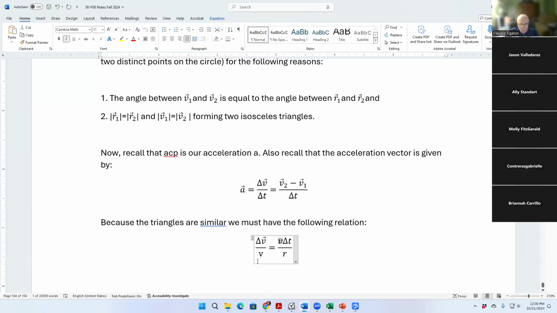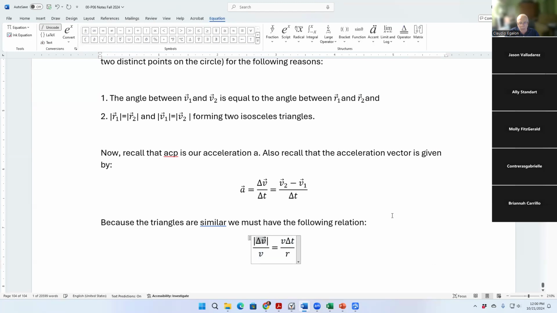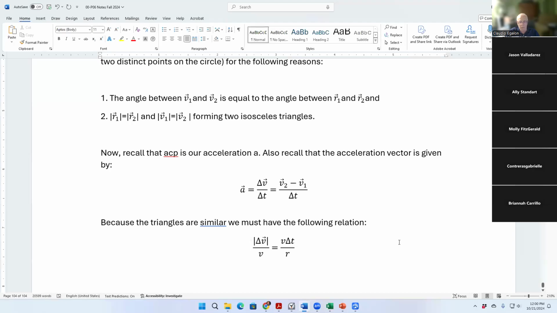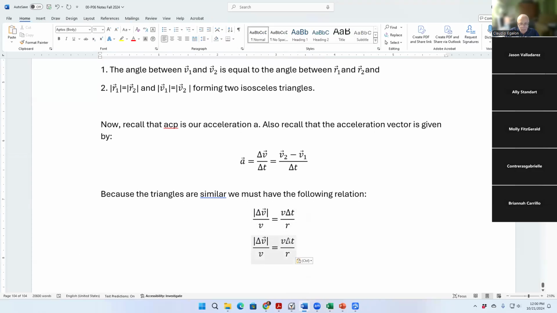And let's not forget this thing here is a magnitude. It's not a vector because we are talking about the length of a side of a triangle. And then there's more. We're almost there. I'm going to pass this delta T to this side, and this V is going to go to the other side, multiplying the other V. V times V is V squared.